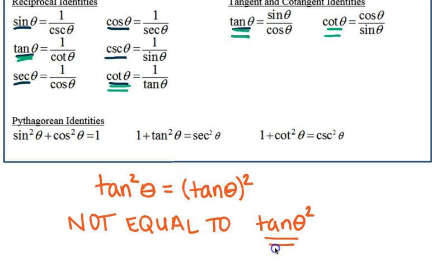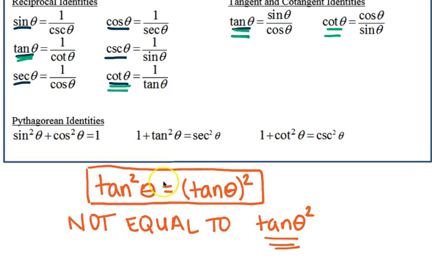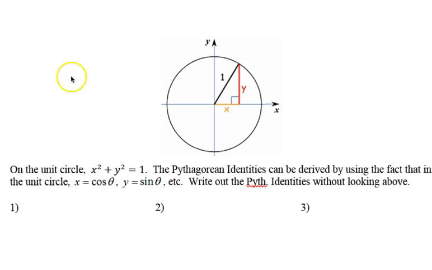This is not equivalent to these two forms. Okay, so when we see tangent squared theta, we should be associating that with the quantity tangent theta, quantity squared, okay? Not this one.